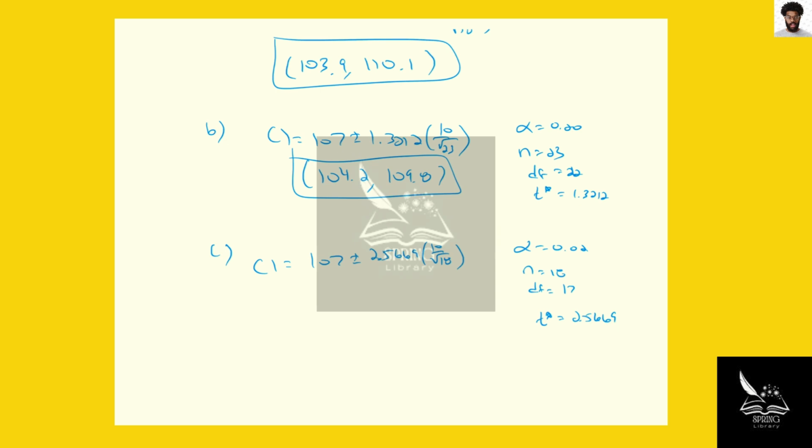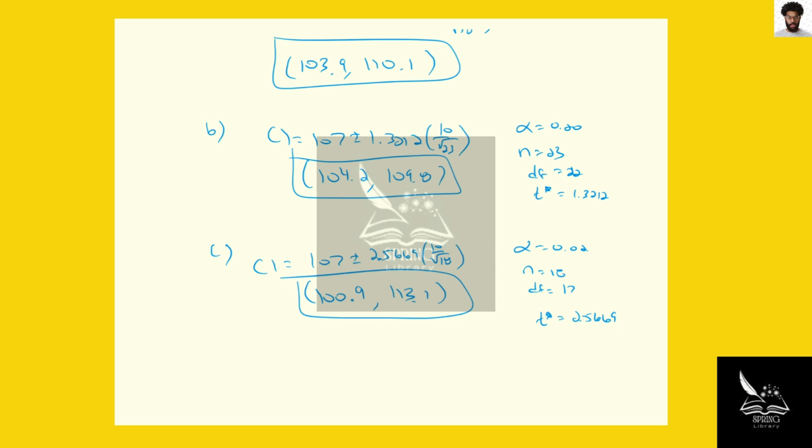Lower boundary is 100.9 and upper boundary 113.1.